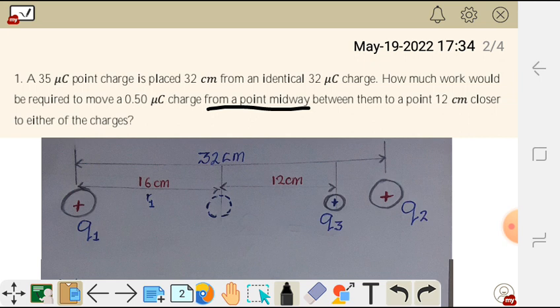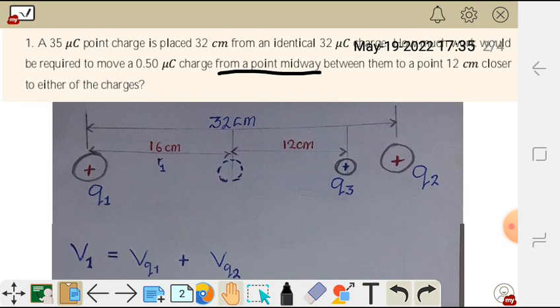So how can we find the work? To find the work, we first need to calculate the potential at this point due to these two charges, and then we also find the potential at that other point, and then we replace in the formula for work. So let's first find the potential here due to these two charges.